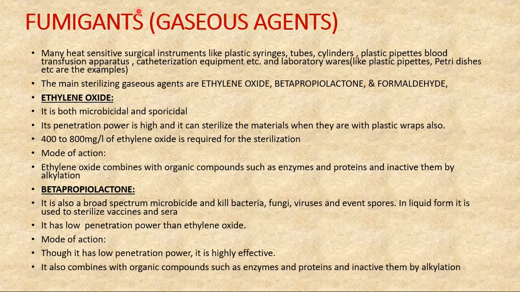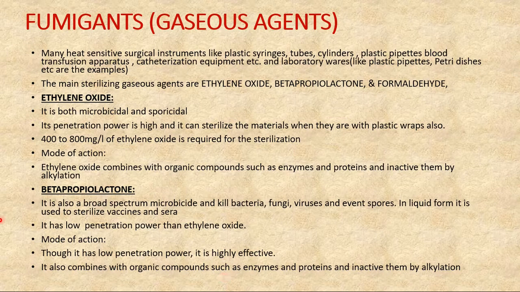This is the gaseous form that we are discussing, but beta propiolactone is also used in liquid form in the sterilization of our vaccines and sera. Compared to ethylene oxide, it has very low penetration power. Though it has low penetration power, it is highly effective, and it also combines with organic compounds like enzymes and proteins and inactivates them by alkylation.